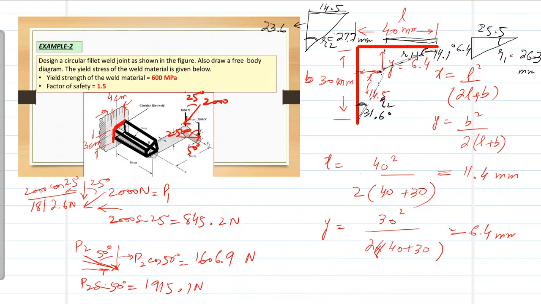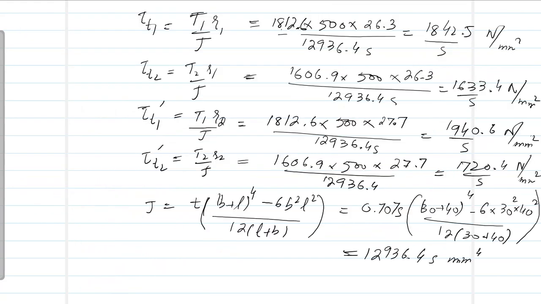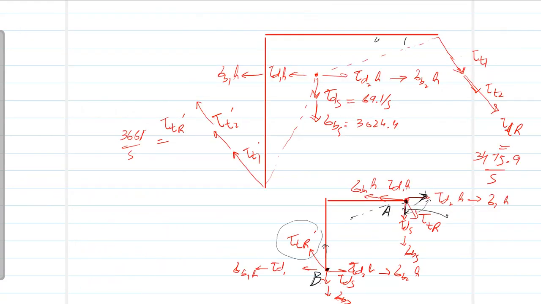So you know we find this angle. So this angle is 14.1 degrees, which means that this angle is also 14.1 degrees. Clear? So we have two components.